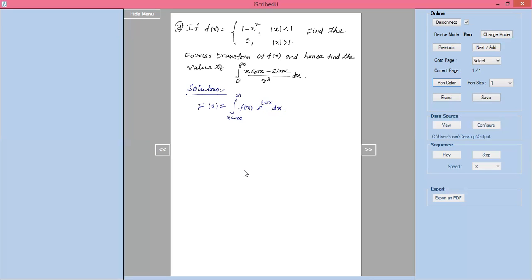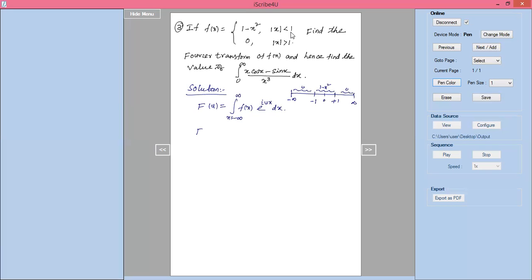Here, as I told in the last problem, this is minus infinity, this is plus infinity, this is minus 1, this is plus 1. From minus infinity to minus 1 the value is 0, from minus 1 to plus 1 the value is 1 minus x square, and from 1 to infinity the value is 0.